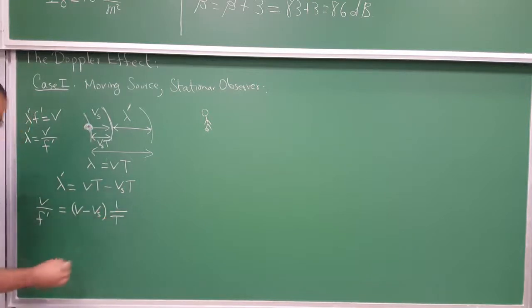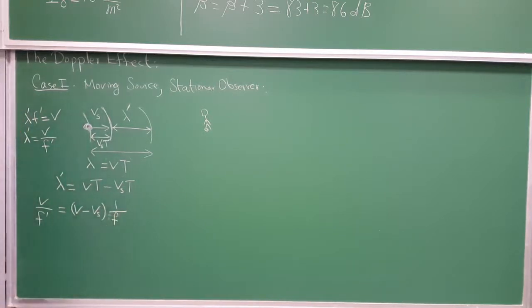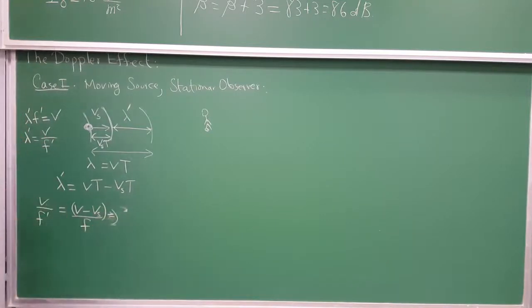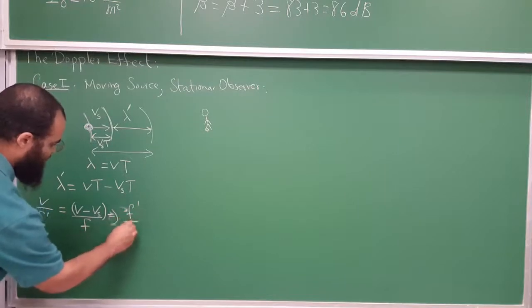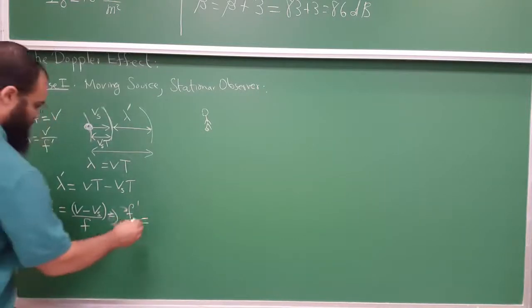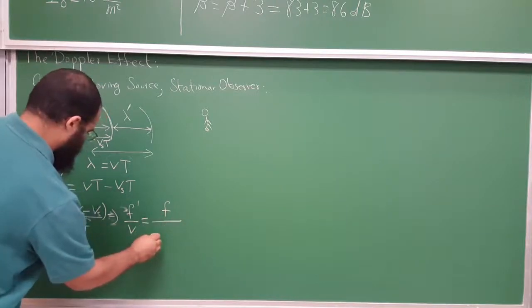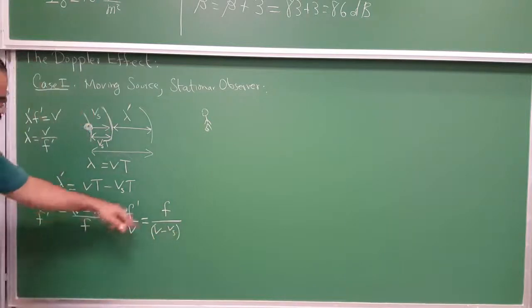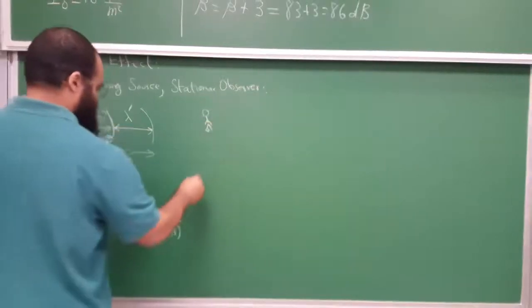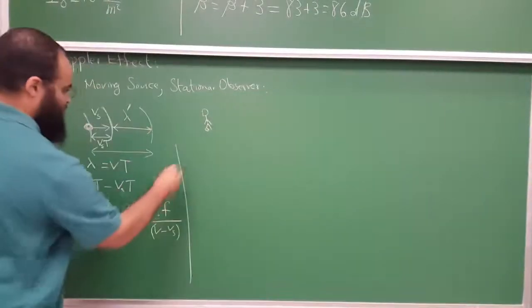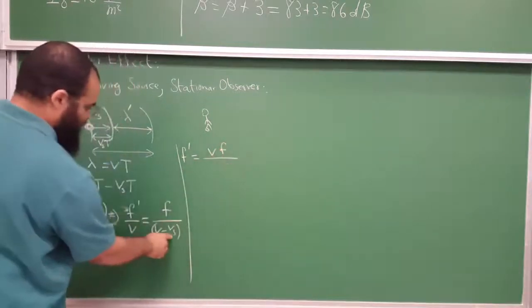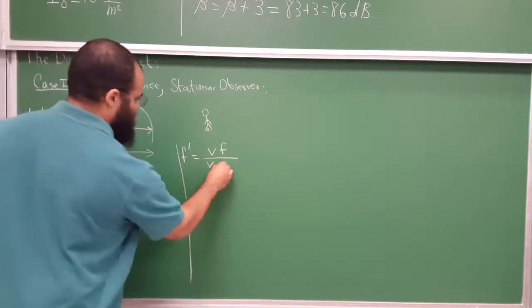So let me write it on the bottom here, 1 over F. And so let me just flip both sides, so we'll get F prime over V equals F over V minus Vs. And then I'm going to multiply both sides by V, and I will get F prime equals V times F divided by V minus Vs.